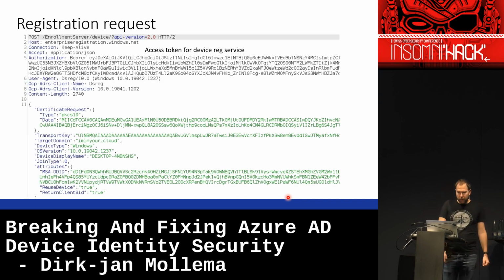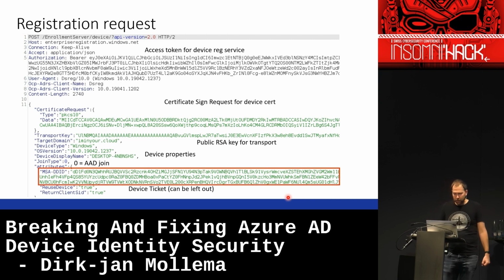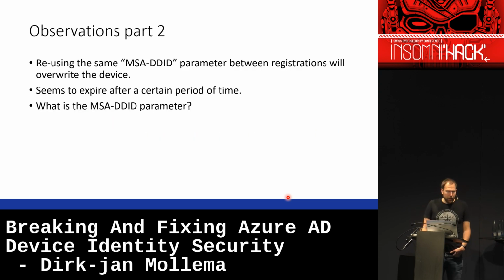That's where this registration request comes into play again, especially this part on the bottom. This is actually a device ticket that proves to Azure AD which device it is. Of course I was wondering, okay, how is this structured and where does it get that? Also, if you reuse the same parameter, it will always override the device.